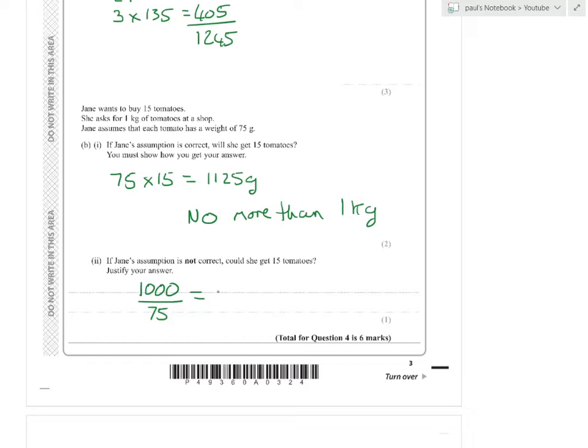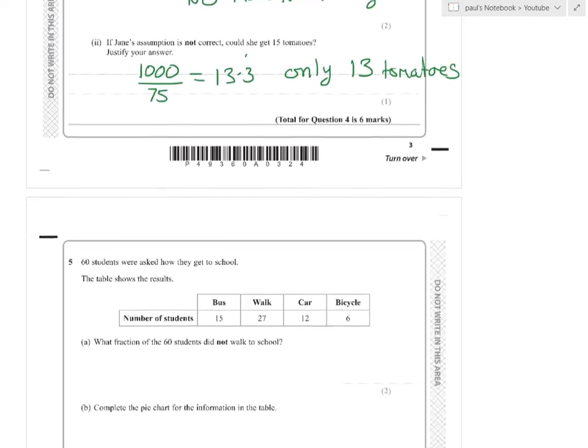That gives us 13.3. So only 13 tomatoes.